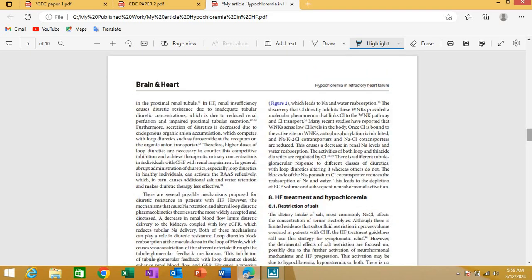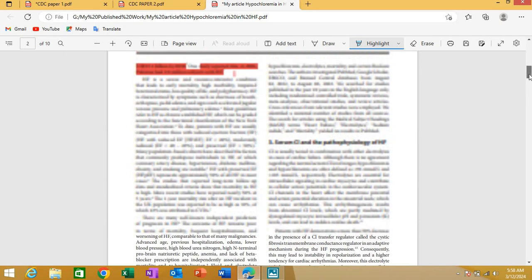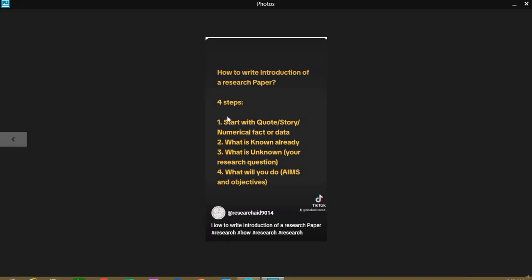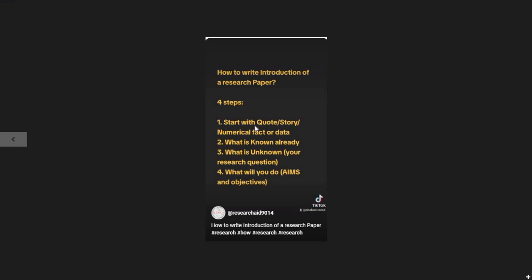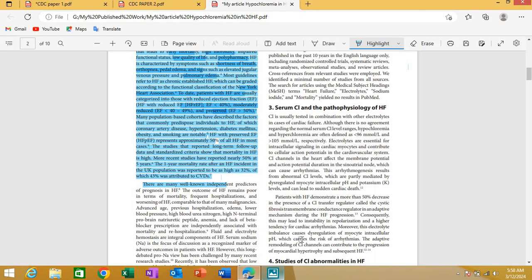So in this short, I just told the first step: we write the stats, numerical data, or a quote or story. Second, we write about what is known already, meaning what's already published in the literature, and what is already much known about that. So in the second part, I have written about that thing.